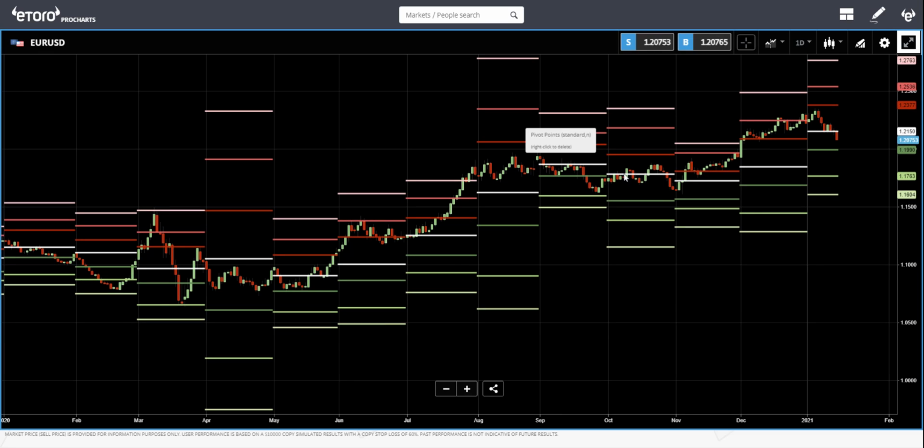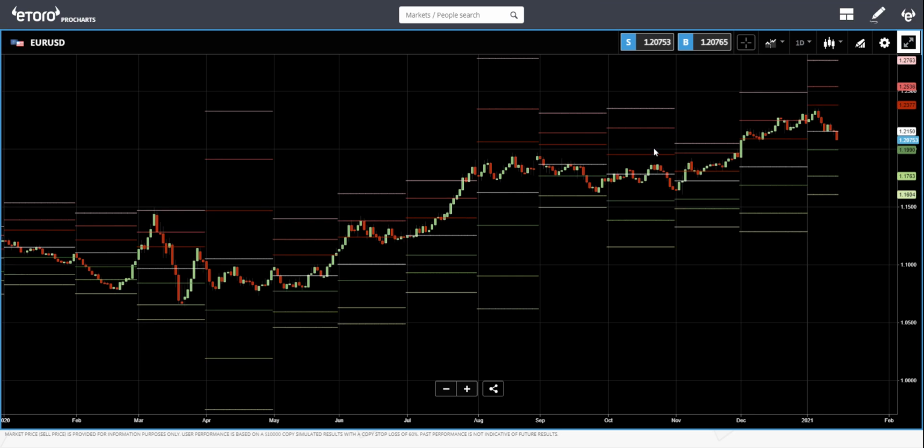As I said, the pivot point is the basis for the indicator, but it also includes other support and resistance limits, which are projected based on the pivot point calculations.